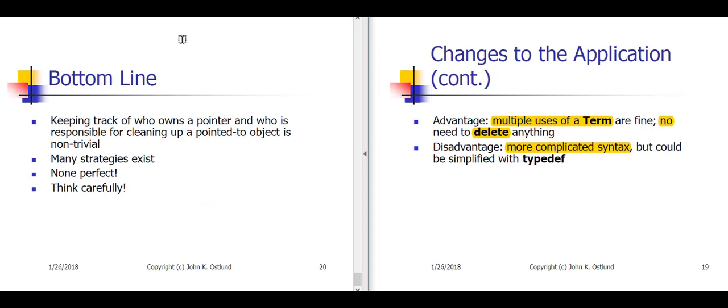So this business of keeping track of who owns the pointer and who is responsible for cleaning up or deleting whatever the pointed to objects is not a trivial problem. And there are many approaches. None of them is perfect. The main thing is that you just have to think very carefully about this pointer management issue whenever you're dealing with dynamically allocated objects.